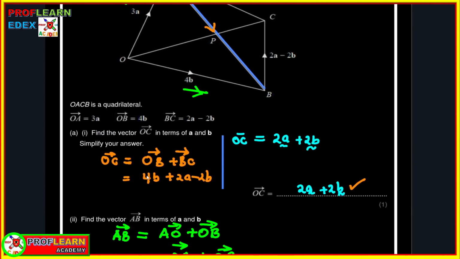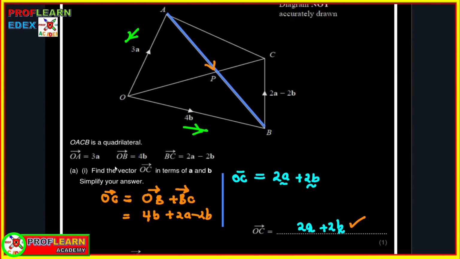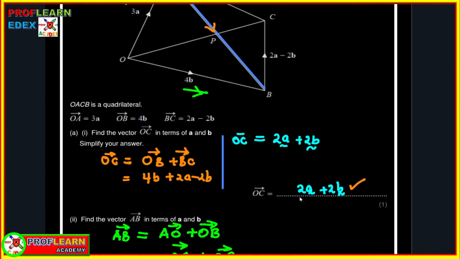In order to reach OC, we go OB plus BC. That's 4B plus 2A minus 2B, and simplifying this gives 2A plus 2B. So that is what you are supposed to give in the simplified form.